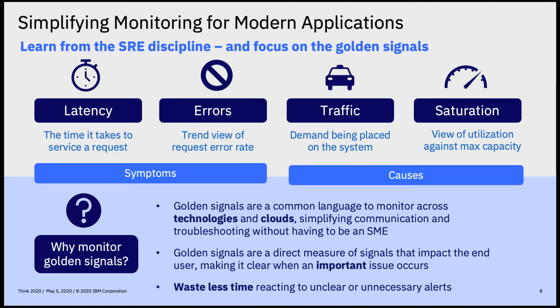So for us, it is absolutely clear that providing support for golden signals means that you can quickly get down to the root cause of a problem. You can do it with fewer technical skills, and you bring in the technical skills when it's time to really understand what was the root cause of a problem.